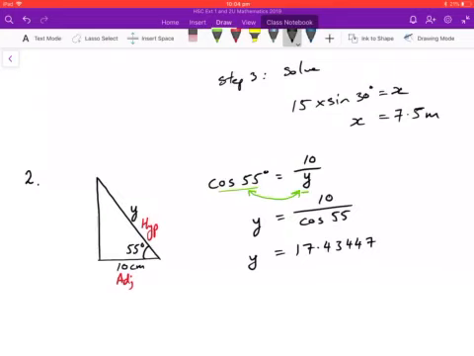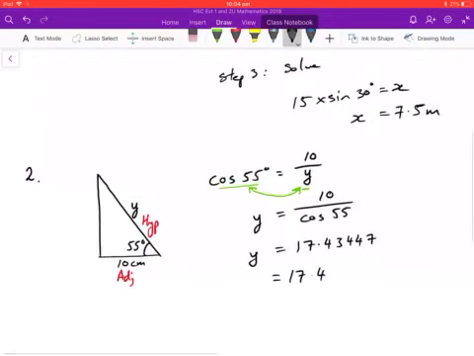That's to 5 decimal places. Now, of course, that's too many, but it's always a good idea to write with many decimal places before we round. So let's say it's going to be 17.4 centimeters in this case to 1 decimal place.